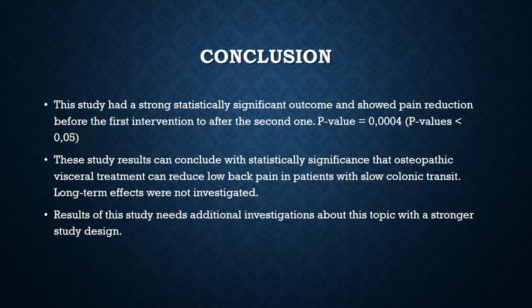The goal for this study was to clear out if there were any connections between low back pain and slow colonic transit in patients with sigmoid tensions. The sigmoid was treated with visceral manipulation and the pain level was measured before and after with the visual analog scale.